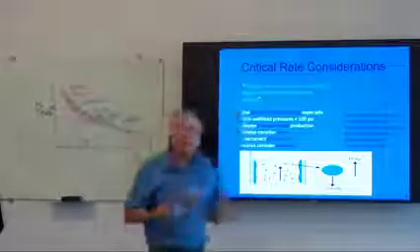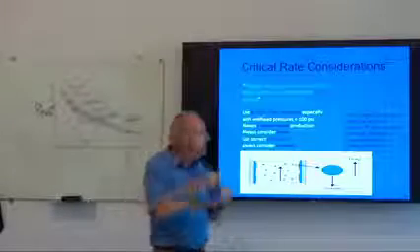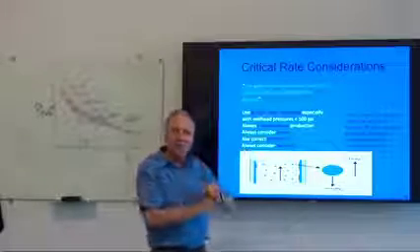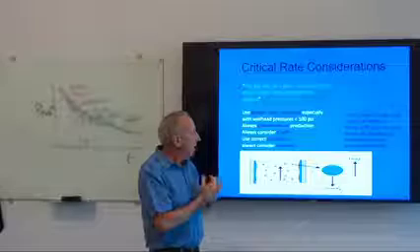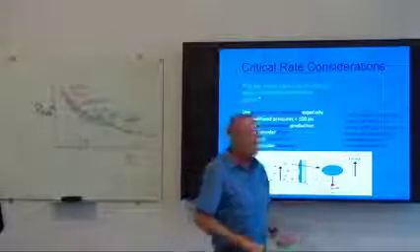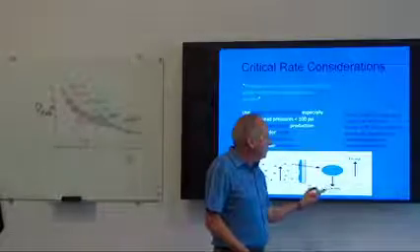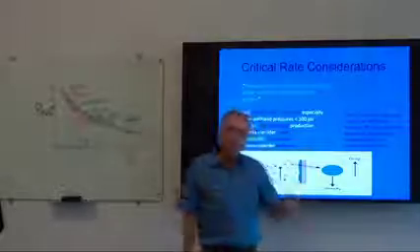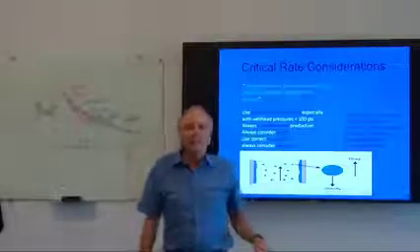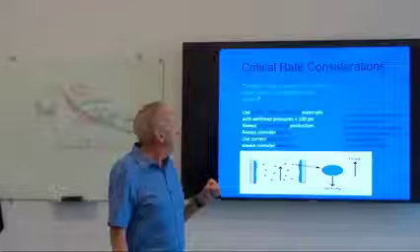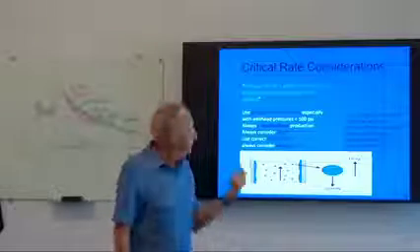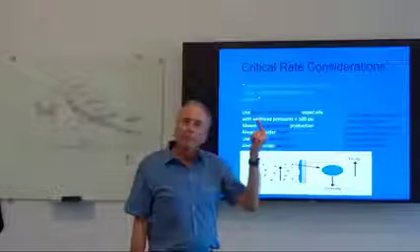It's kind of a tug of war, a pulling contest in the vertical sense between these two forces. So if the gravity force is greater than the drag force, obviously the droplet is going down. And if the drag force is greater than the gravitational force, then the droplet is going up.